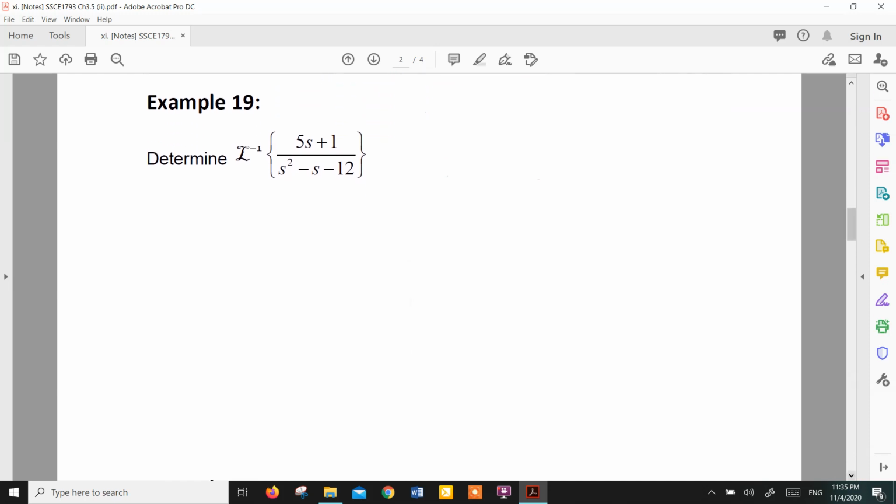Okay, example 9. Determine the inverse Laplace of 5s plus 1 over s square minus s minus 12. So 5s plus 1 over s square minus s minus 12 is equal to, the denominator here you can factorize, so it is equal to (s plus 3)(s minus 4).